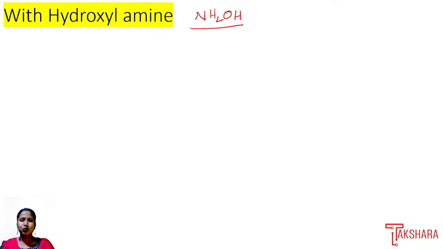When this NH2OH is treated with aldehydes or ketones, I will consider RC double bond O R dash, which is a ketone.